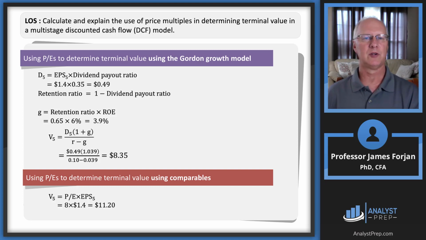So our retention ratio is going to be 65% times the 6%. That gives me 3.9. So I'm going to use that 3.9% as the growth rate. And if I do all the math in the Gordon growth model, that gets me 8.35. And I can use the PE ratio of 8 times the 1.4 to get me 11.20. So I did this terminal value using the Gordon growth model, and using the comparables.